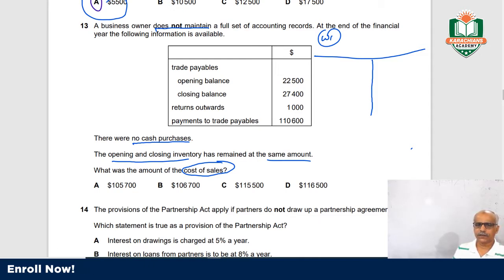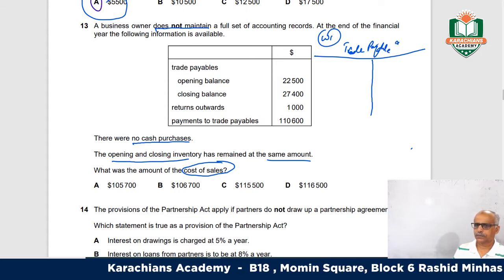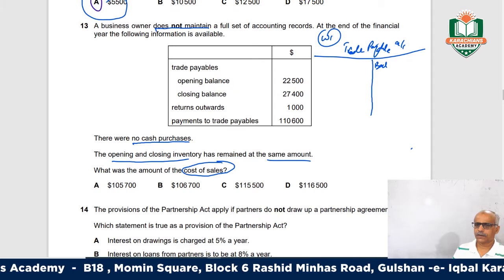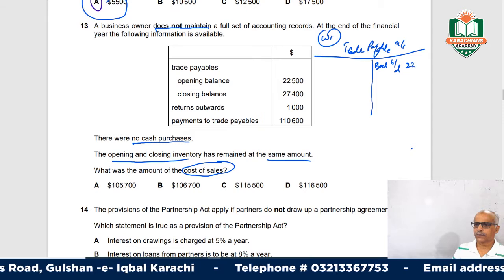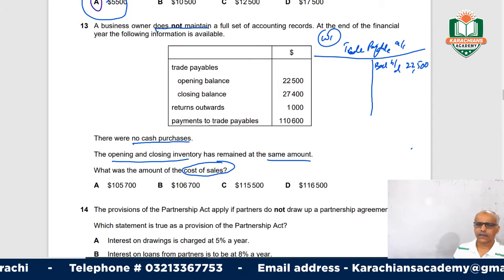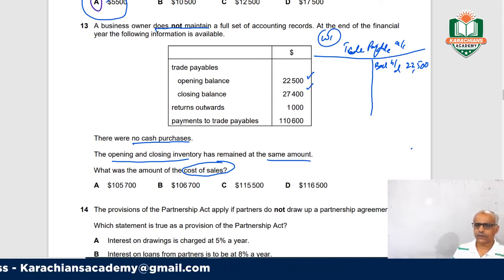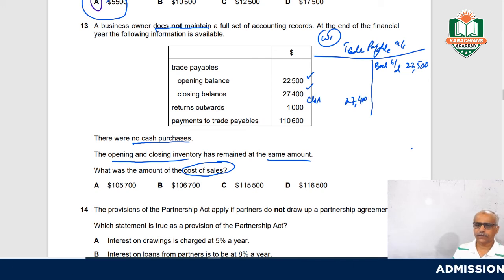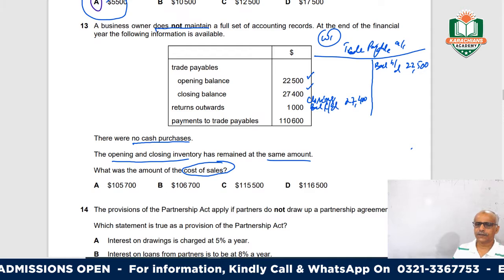So if you say this is a trade payable account, its opening balance b/d is 22,500, and the closing balance is 27,400, the balance c/d.